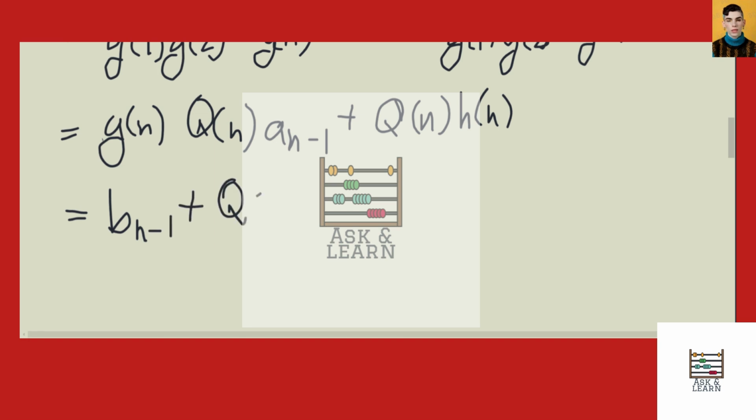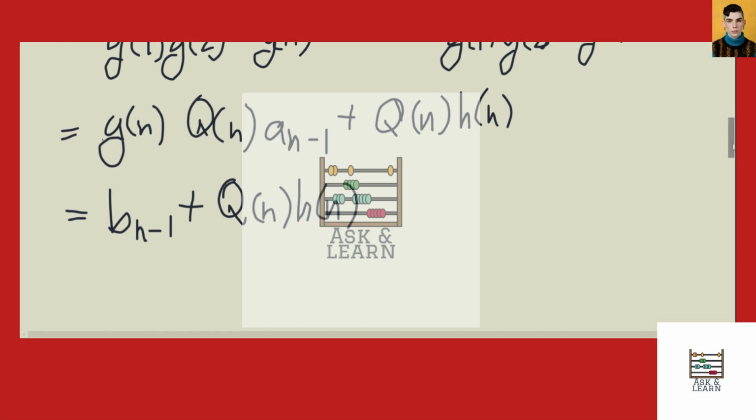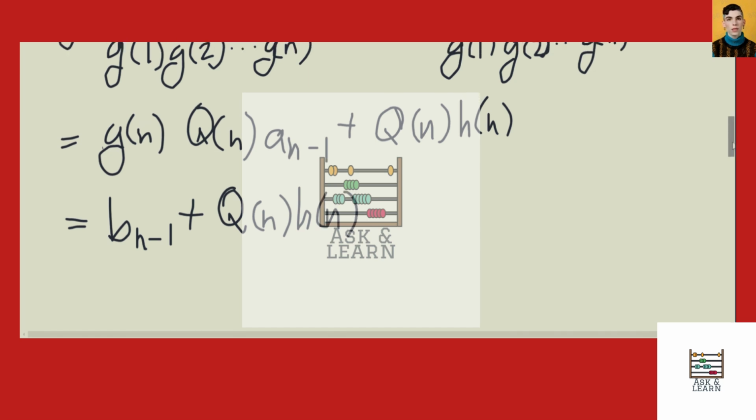And we recognize that this is going to be b of n minus 1 plus q of n times h of n. So we transformed the initial relation into another relation, which is a non-homogeneous linear recurrence relation. That's what we wanted to show for part A.